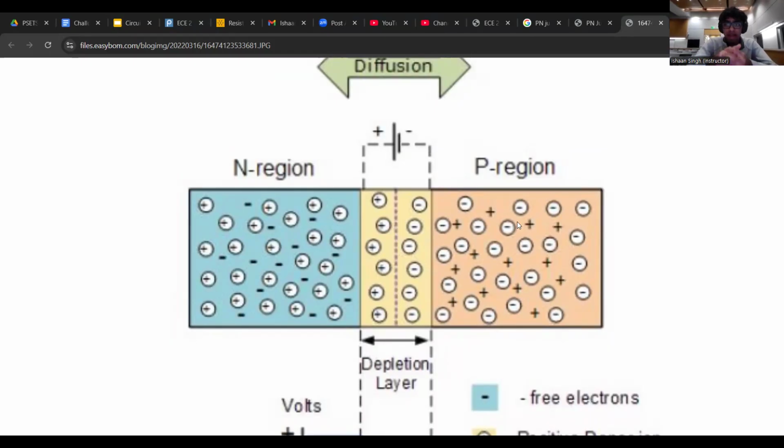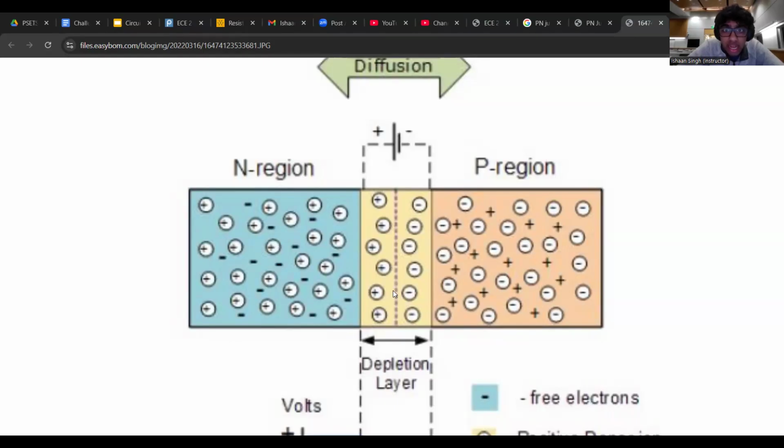On the P side, the minuses are stuck and the pluses can float around. Okay? So from the N side, the minuses migrate into the depletion region. And from the P side, the pluses migrate into that depletion region. Okay? And so what we end up getting is pluses that are fixed in place and minuses that are fixed in place in the depletion region.